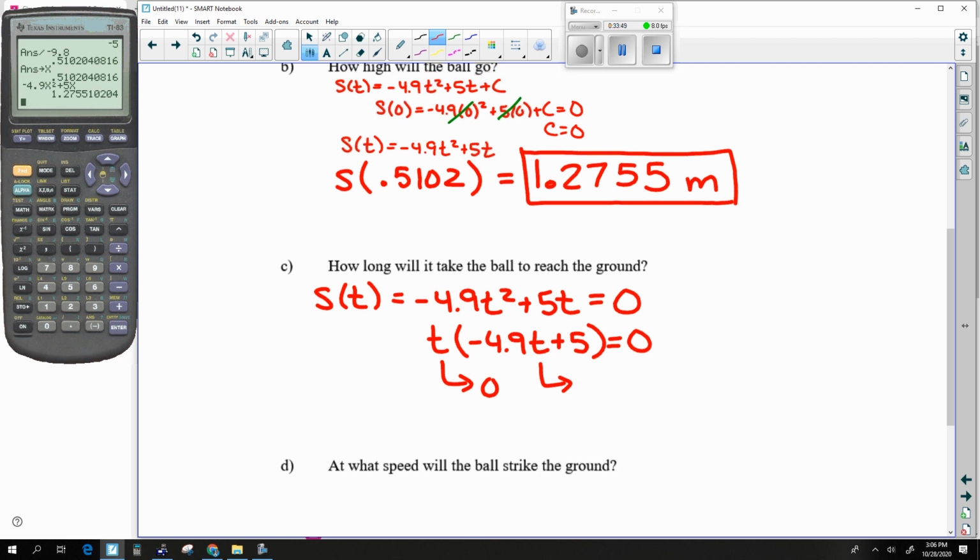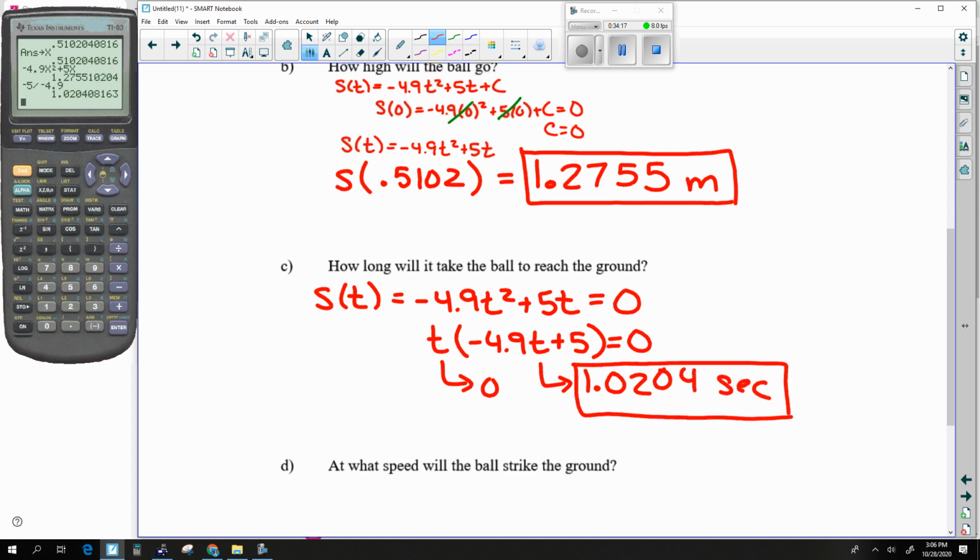The second one will tell you when it's going to reach the ground. So you throw it at time 0, and then this will tell you when it hits the ground again, when its height, when its position is 0. So that's when it's going to hit the ground at 1.0204 seconds.